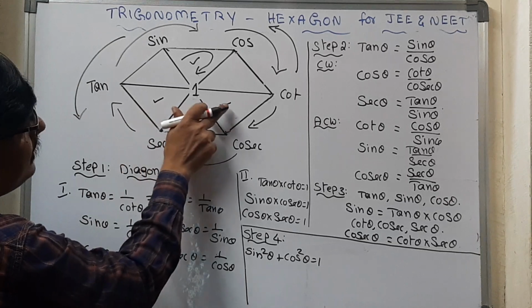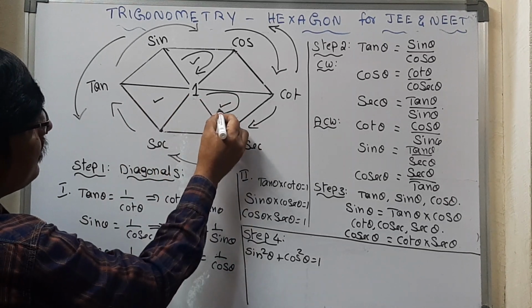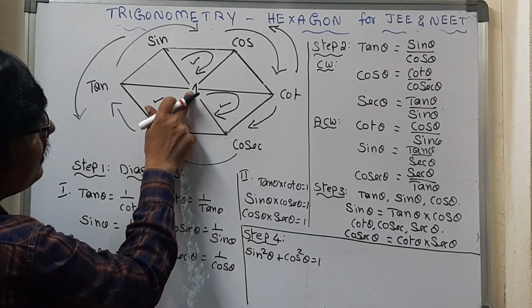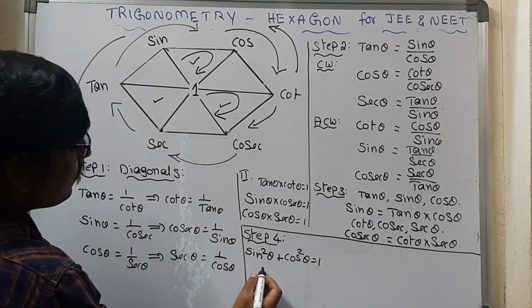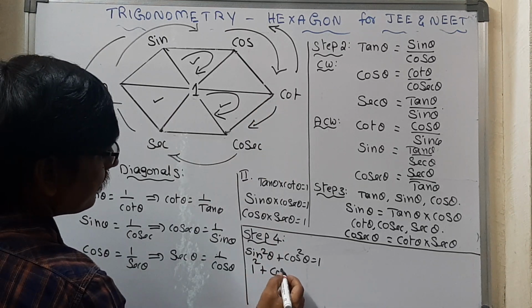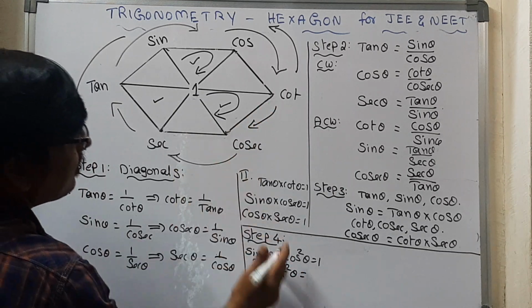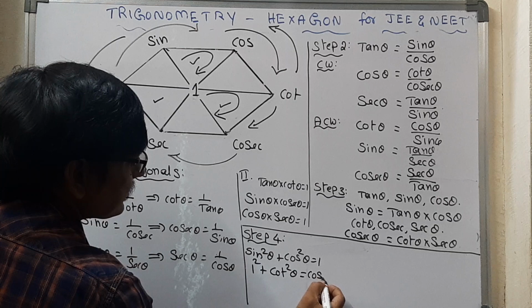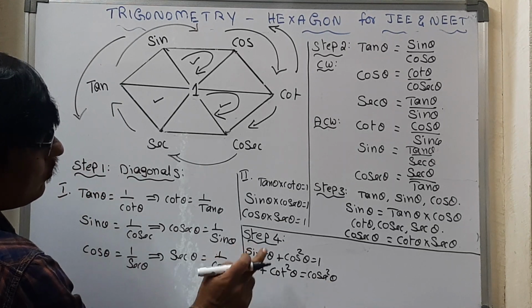Now let's come to this triangle, and here also take clockwise. What are those? 1, cot, cosec. So 1 square plus cot square theta is equal to cosec square theta. 1 square is 1, so we can write 1.